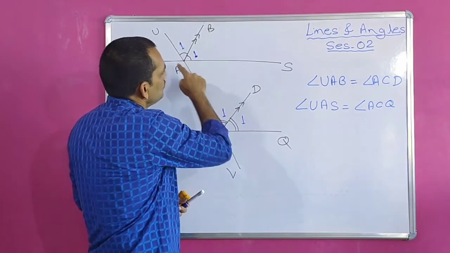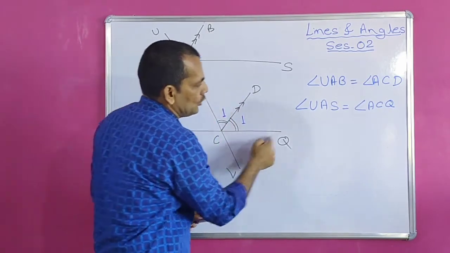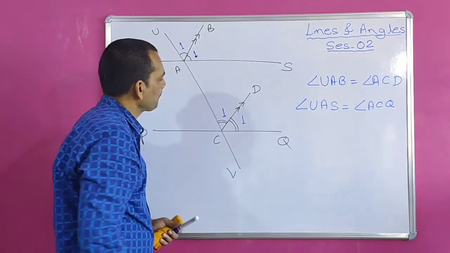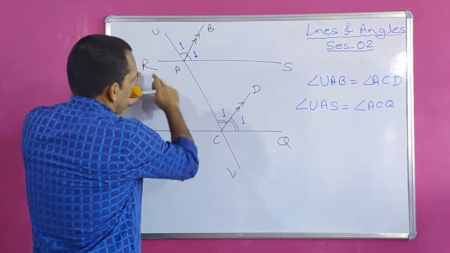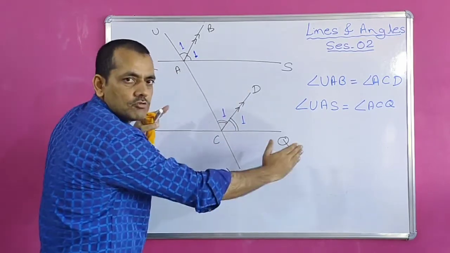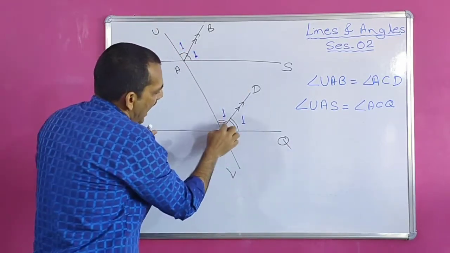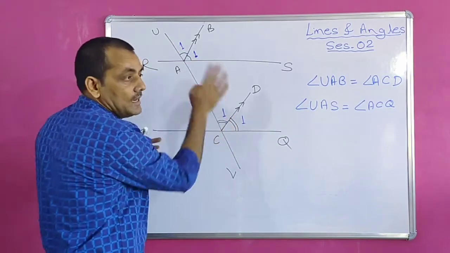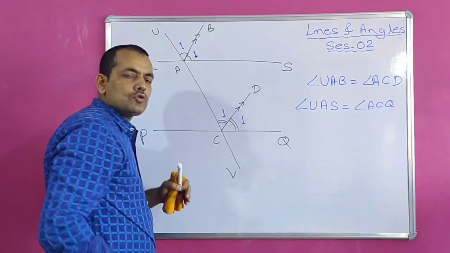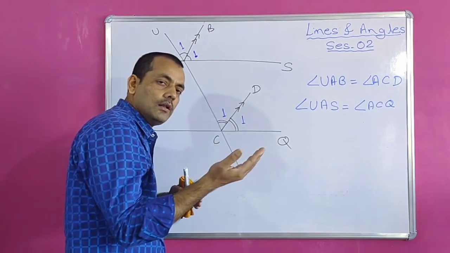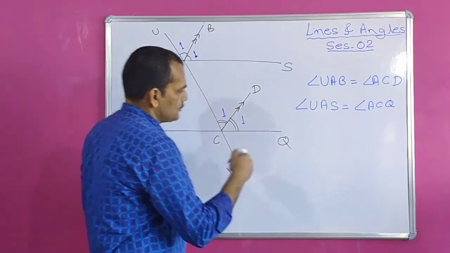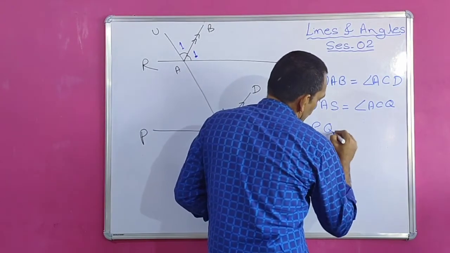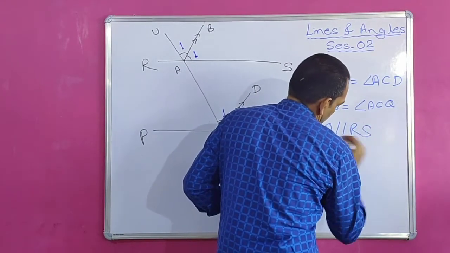As a result, UAS and ACQ are both equal. Now RS and PQ are two straight lines cut by a transversal, and the corresponding angles are equal. If corresponding angles are equal, then the lines are parallel. So using the converse, PQ is parallel to RS.